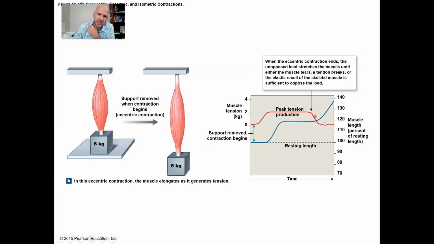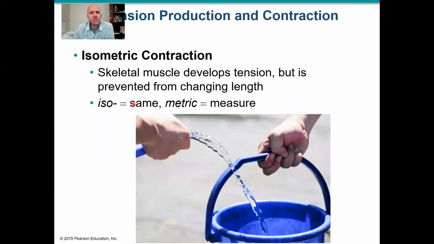So don't put a lot of stock in the end of this figure here, because the muscle would have to actually tear for this tension to go away, or the weight would have to be let go of. So concentric, eccentric, those are both types of isotonic, the same tone.